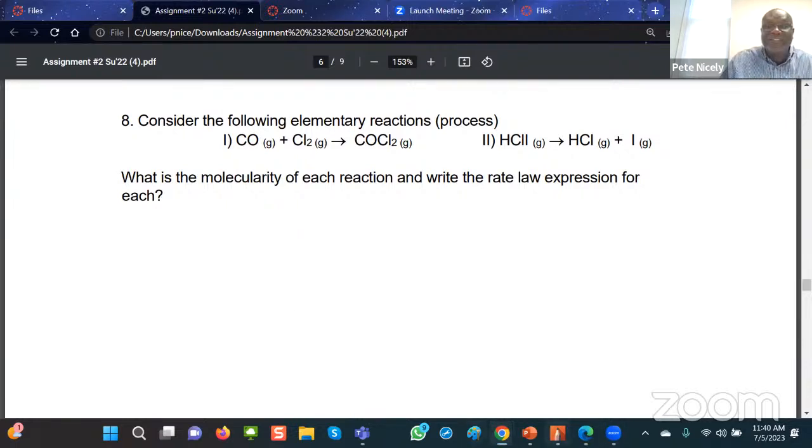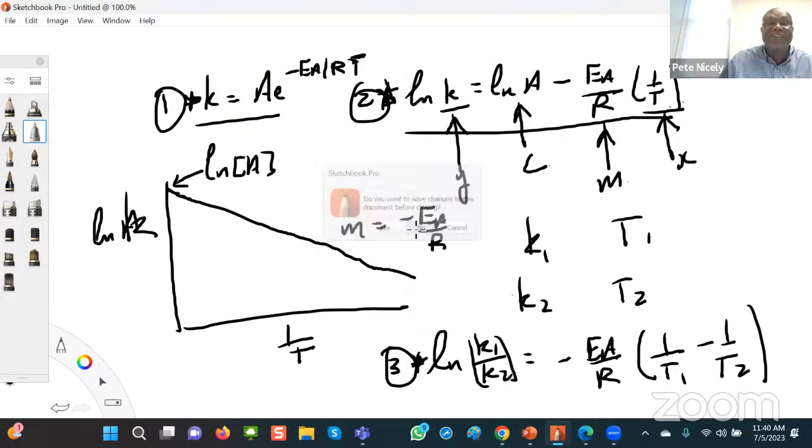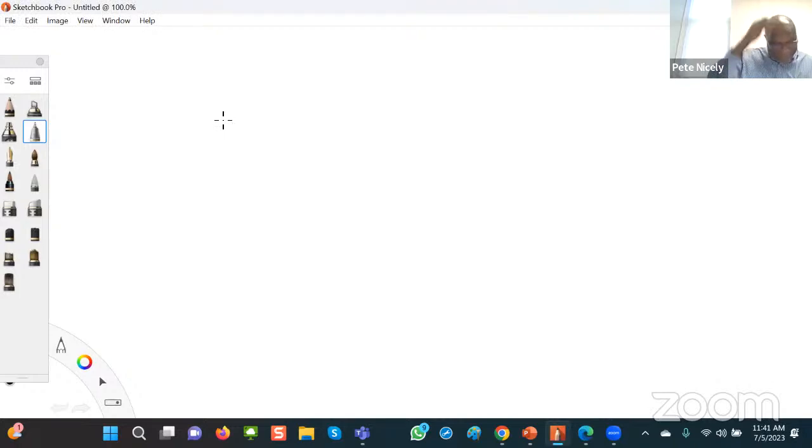Let me go back to this right here. So we talked about the mechanism. So basically the mechanism is the sum total of the different steps, right? So I'm just going to make up a hypothetical example here. So let's say you have A plus B going towards C, all right? And then we have to account for the mechanism of this reaction here.